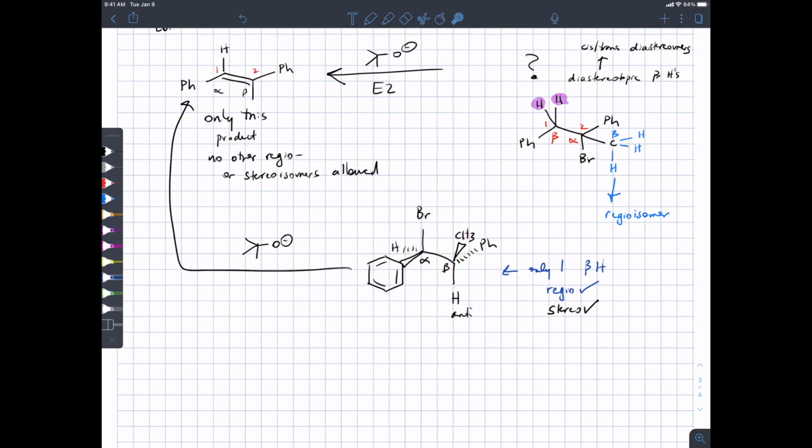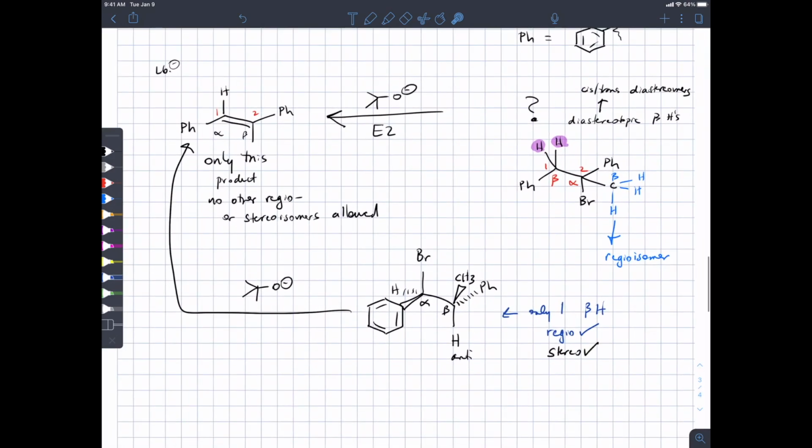In other words, you need to have the arrangement such that when the proton is anti to the bromo group, the phenyl on alpha is on the same side of the molecule as the methyl on beta. So that's worth considering, and as you're working on this stuff at home, try figuring out what you could do if you wanted to get the other alkene diastereomer.